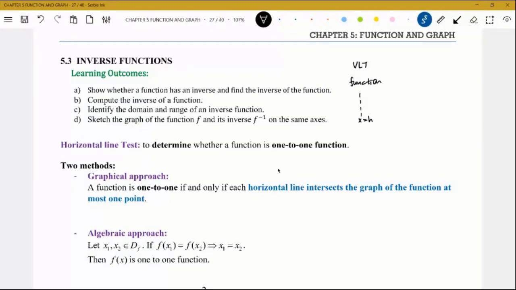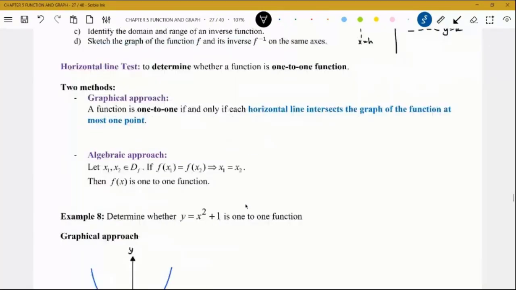But now, we want to encounter with horizontal line test, which is we want to know either it is a one-to-one function. Okay, so it's going to be dotted line y equal to k. This one is the graphical approach, which is by the graph.